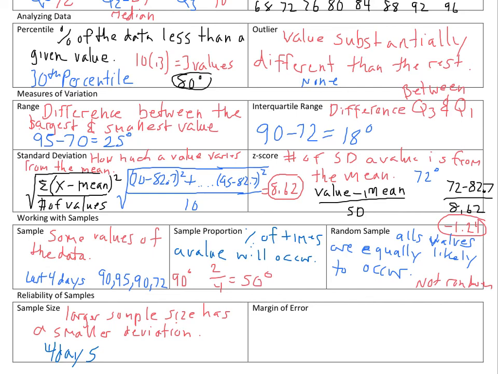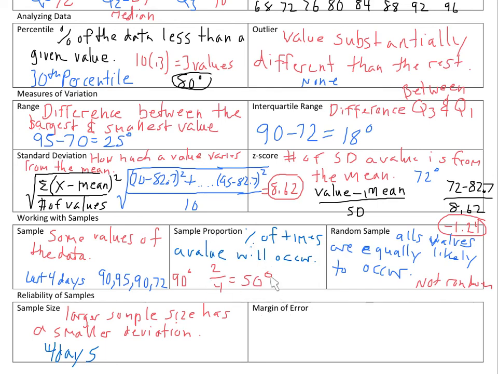That's kind of bad, but we'll talk about that. Because we have such a small sample size, 50% of the time is a little too big for something to occur in my mind, because it's twice out of the 4. But the main reason is we only have 4 values to choose from. Now, that's your sample proportion for a value in a sample.